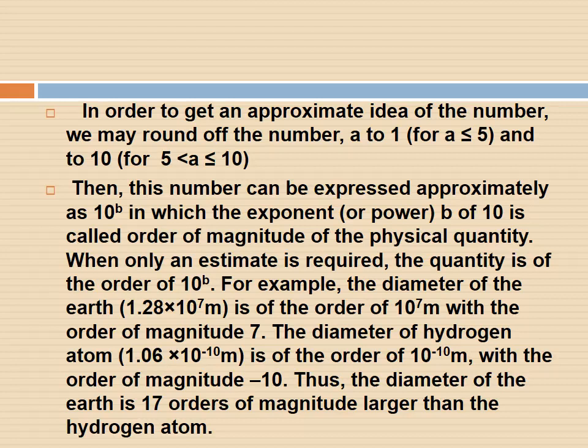You can say that the diameter of the earth is 17 orders of magnitude larger than the hydrogen atom. In this way, we can get an approximate idea of a number using scientific notation.